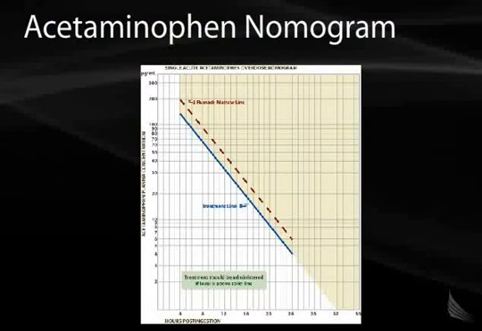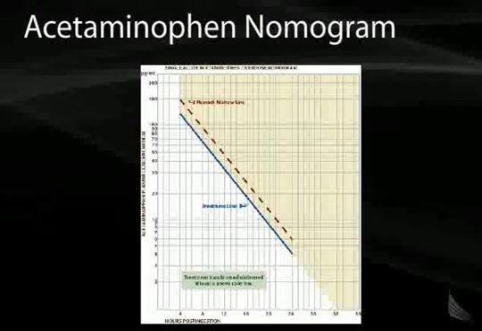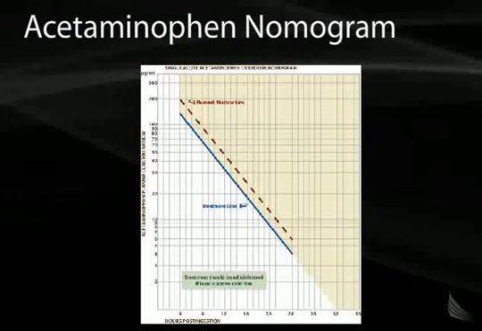This is an acetaminophen nomogram. And what you see here on the x-axis is time, or hours post-ingestion of the Tylenol. And in the y-axis, you have acetaminophen concentration in the plasma. What you do is you ask the patient, how long ago did you take the Tylenol?